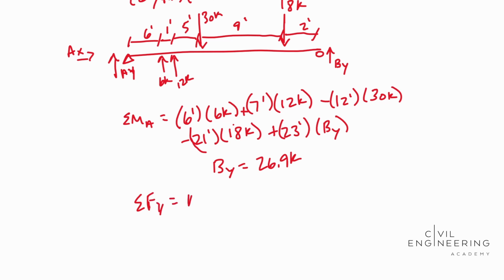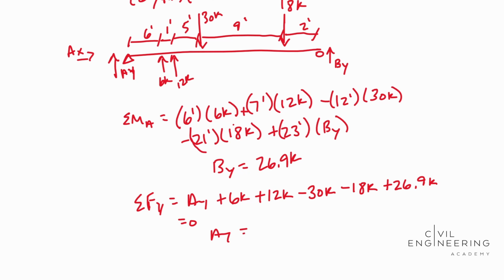And so now we can do sum of forces in the Y, and that ends up being AY plus 6 kips plus 12 kips minus 30 kips minus 18 kips plus 26.9 kips, and that equals 0.